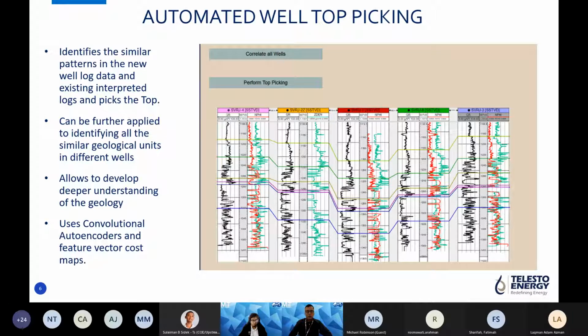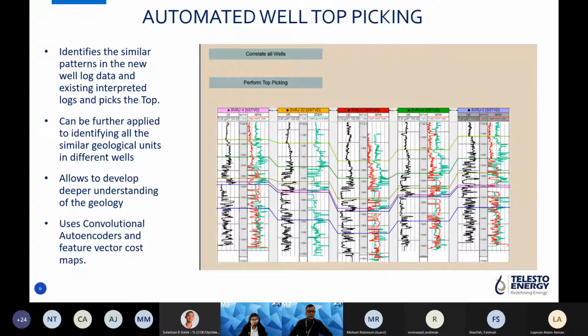You can also notice there is a pattern. The pattern is very similar, and it extends across the wells, across the field. There could be some minor variation, but the patterns are generally consistent. These patterns are what we are looking at.